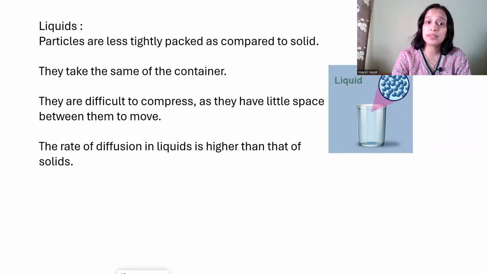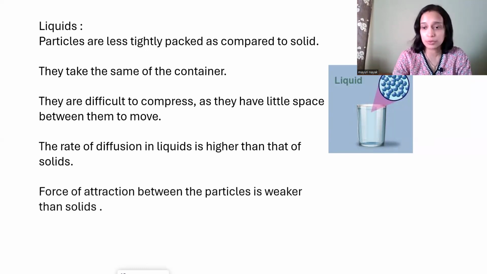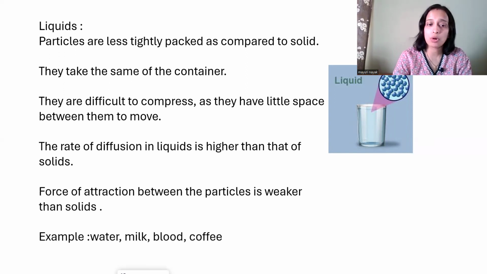The rate of diffusion in liquids is higher than solids, obviously, because the molecules are loosely packed, and the force of attraction between the particles is weaker than solids. Examples: water, milk, blood, coffee.